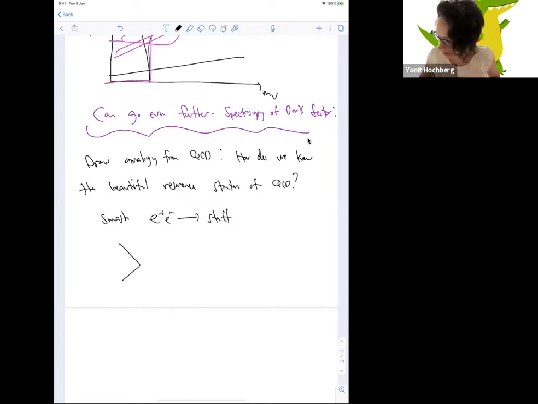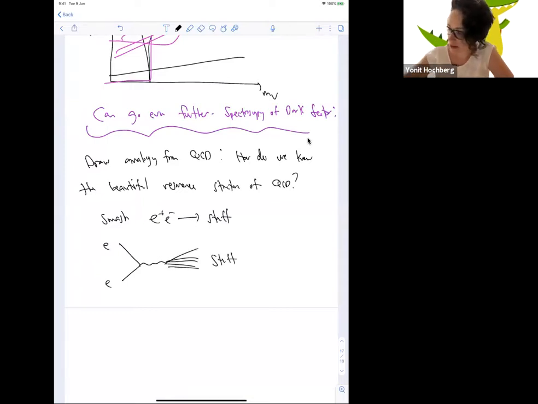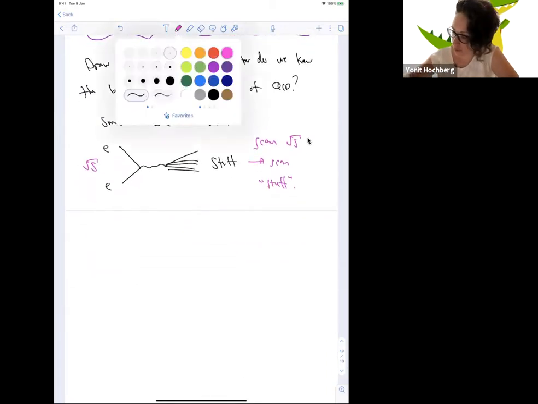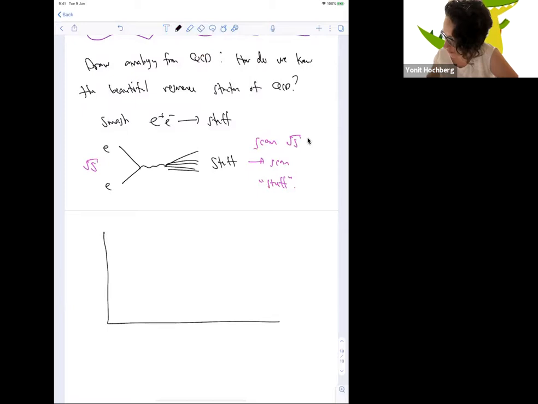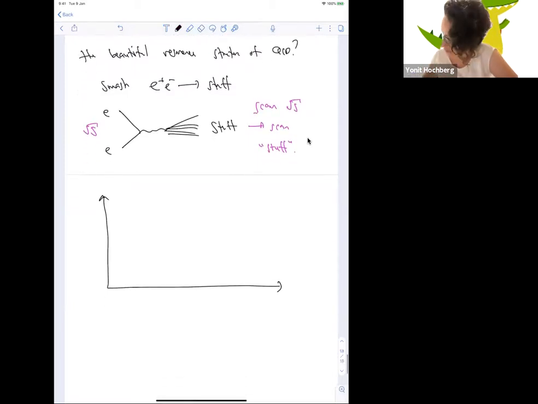So here's electron and positron hitting each other and going to all sorts of stuff. The way that we really get the entire structure is that we scan the center of mass energy, square root of S, and by doing that, we scan the stuff that we see at the end. This is exactly the way that we get this beautiful picture that I'm going to draw here, not so beautifully, but I'm sure you've all seen it in the past, as a function of square root S, let's say in GeV units.